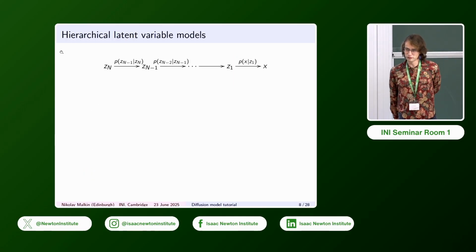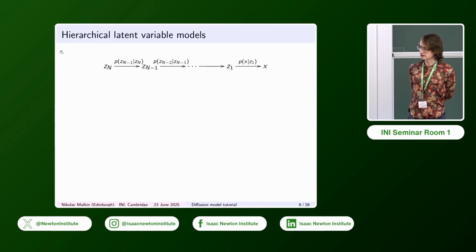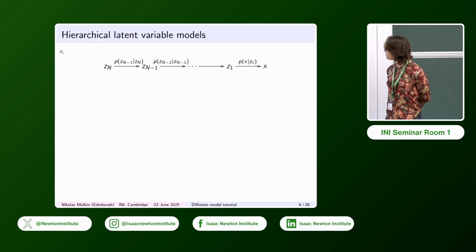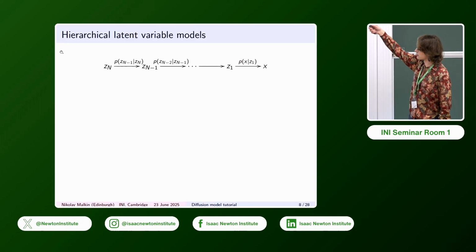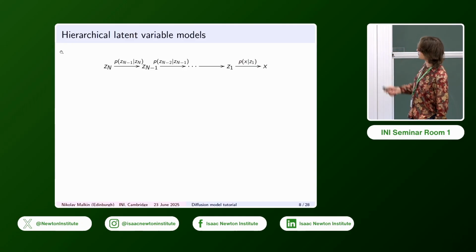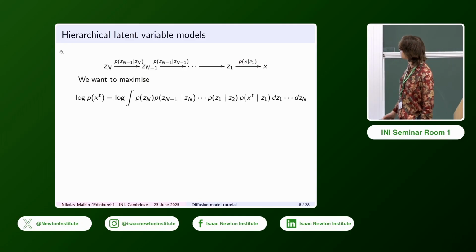Now, this can also be made hierarchical. We can have a sequence of latent variables. Don't worry, there will be examples very soon. So if we have a sequence of latent variables forming a Markov chain, with this graphical model structure with conditional distributions saying how to transition from each latent variable to the next, and the last one is observed, we do the same thing.